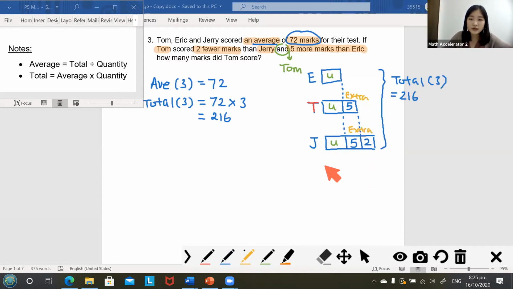So take it away. Right, what's the total extra that we need to take away? 5 plus 5 plus 2. Right, so 12. Okay, now we can take it away. So once you take it away, we are left with 3 units.